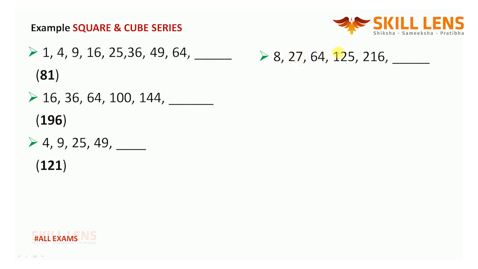2, 27, 64, 125, 216. Are you observing? The difference is increasing rapidly. And if you have knowledge about cubes, the question is a cakewalk. Otherwise, it will take a lot of time.